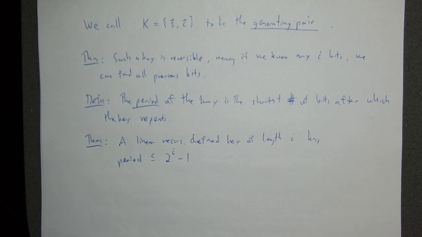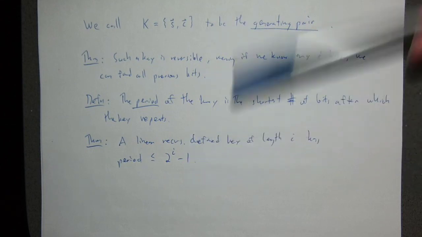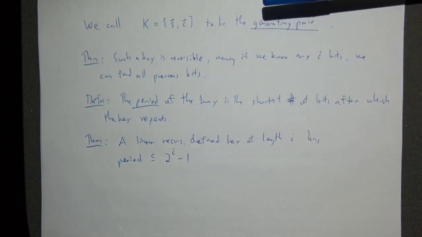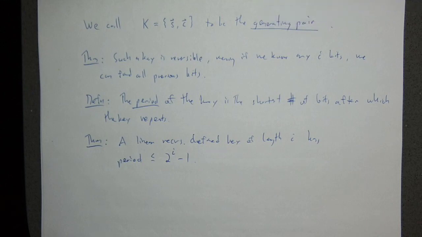All right. So there's a couple of examples here in the online notes that actually show you the generating pair and how good this is. So, for instance, in the example we just looked at, the generating pair has length 3 and generates a key with period 7, which is 2 to the 3 minus 1. So that's as good as you can get. But a couple more: he does a couple more examples of a generating pair that has length 5 and generates a key with period 31.